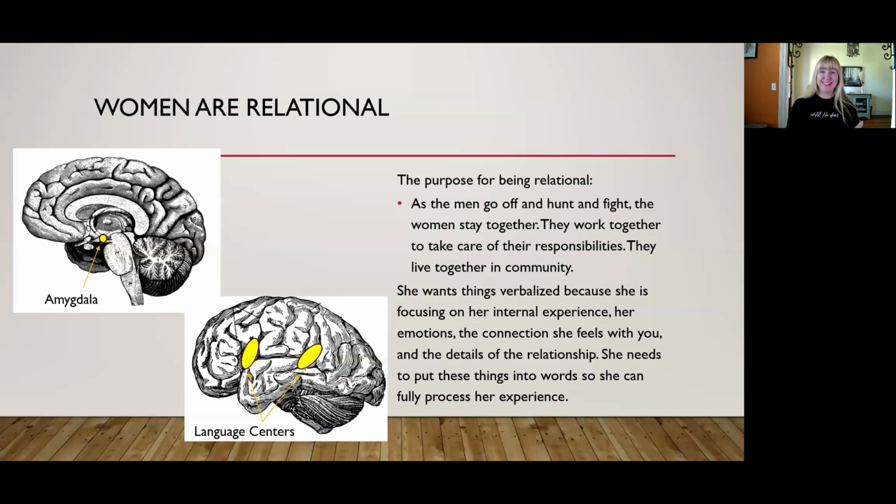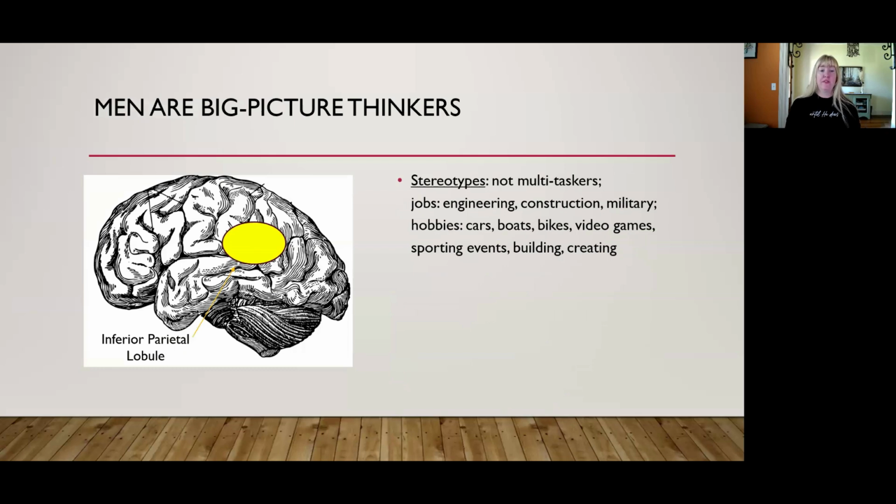Okay, so I'm going to keep adding to this because it's not all just about the amygdala. There's another part of the brain that factors into relational dynamics as well. It's called the inferior parietal lobule. I'm going to shorten it to IPL. Again, everybody has two of them. It's on the outside of the brain. So you have one on the left hemisphere and one on the right hemisphere.